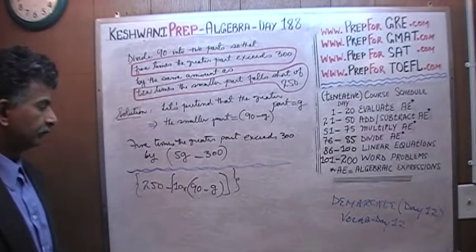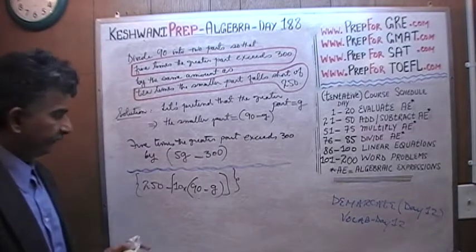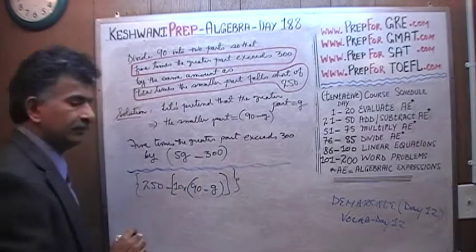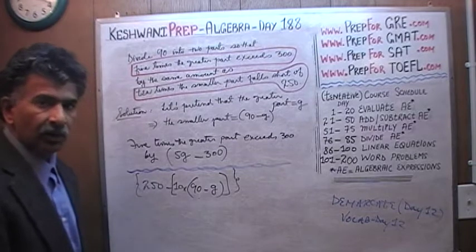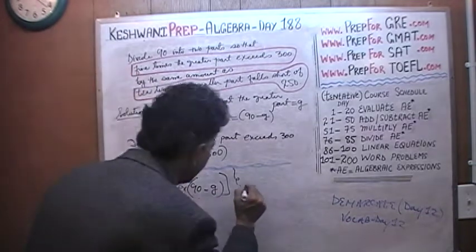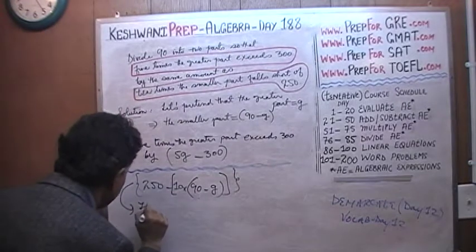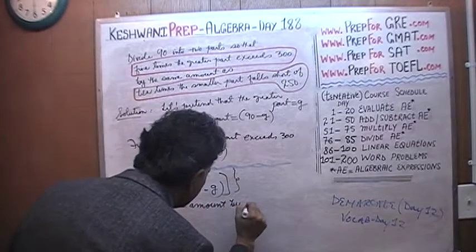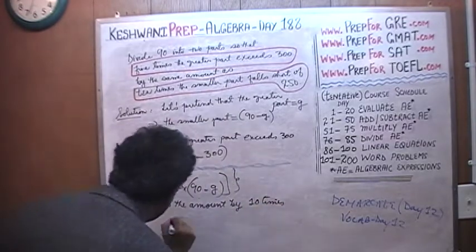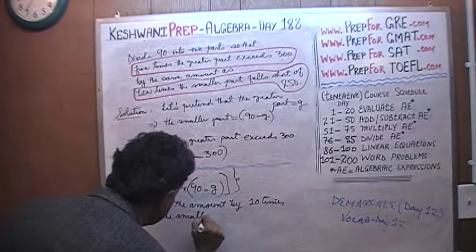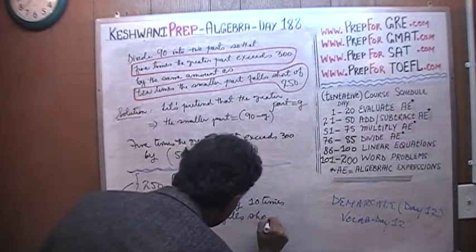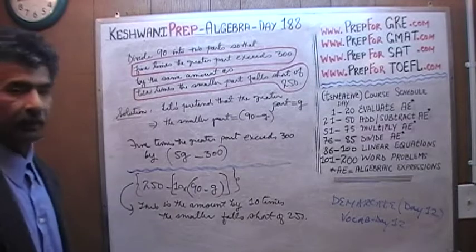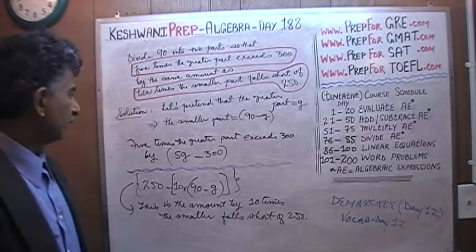There you go. 250 minus 10 times 90 minus g. This is the amount by which 10 times the smaller part falls short of 250. Voila. And we are told in the problem that these two quantities equal each other.